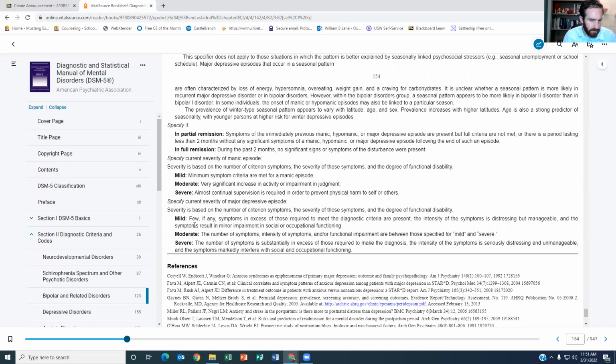Basically, I think they say pretty much the same thing. Minimum symptom criteria are met for manic episode, or few, if any, symptoms in excess of those required to meet the diagnosis criteria are present. So mild means the minimum. Moderate means a little over the minimum, and severe means like all of them.